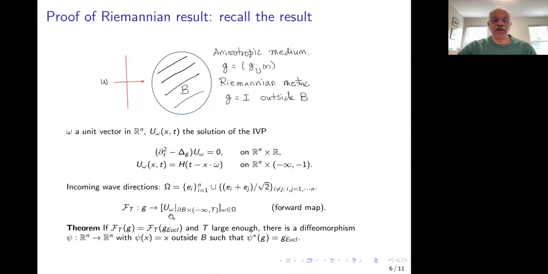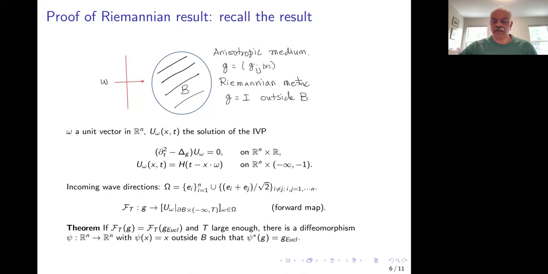And we measure the response of u_omega on the boundary of the cylinder for a certain finite time period, and for these (n+1)/2 directions omega. And we showed that if G and the Euclidean metric have the same data on the boundary for these directions, and T is large enough, then G is equal to the Euclidean metric up to a diffeomorphism, which is the identity outside B.